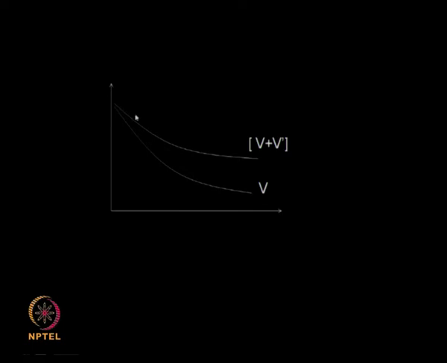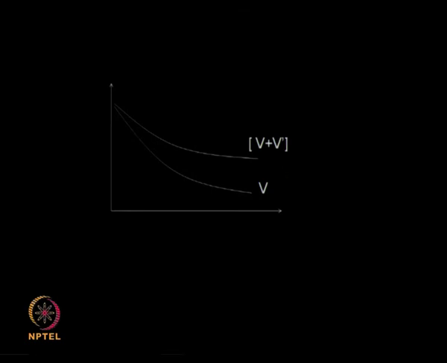In the second extreme, we assume the mass transfer coefficient is infinity, so it is almost like combining both tanks V and V dash into one single tank of volume V plus V dash. This is how the performance will look in case 2, and this is how it will look in case 1. In any realistic system where k is neither 0 nor infinity but something reasonable, the performance will fall within these two extremes.